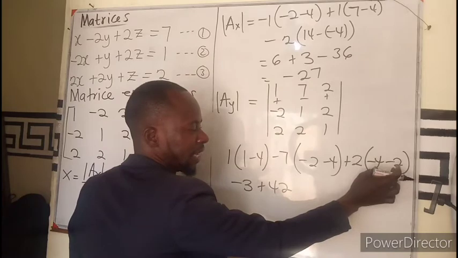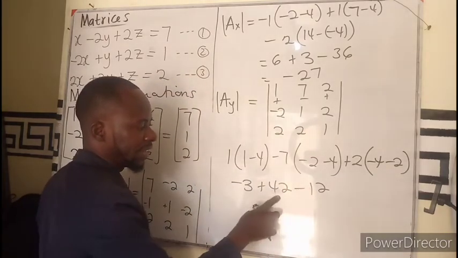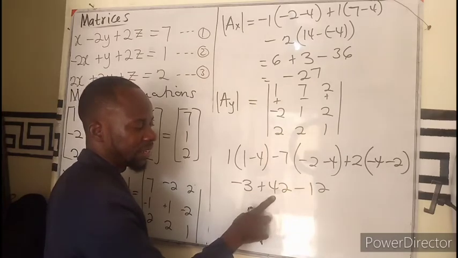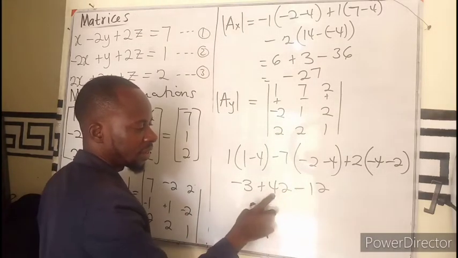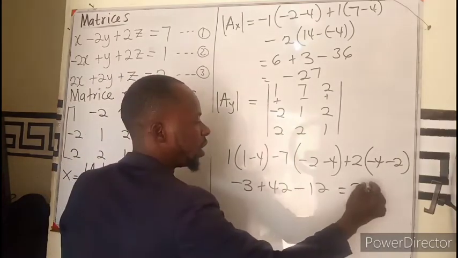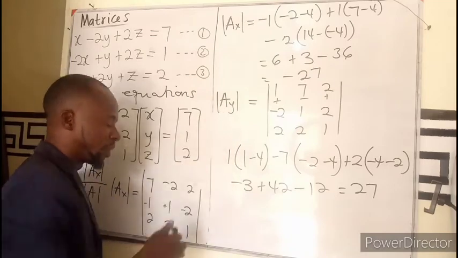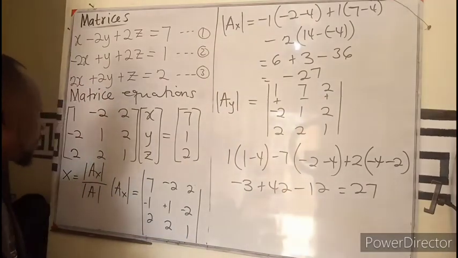This will be minus 6 times this minus 12. So inside this I have 30, right? 30 minus this, that will be 27 for the determinant of Ay.